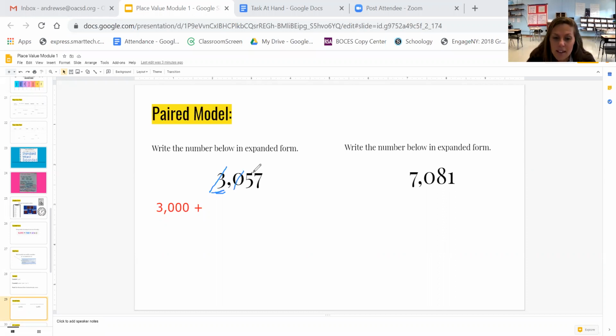My next place value is the tens place, and I have 5 tens. I'm going to cross that off so I know I'm adding it. 5 tens, 10, 20, 30, 40, 50 means 50. And last, in the ones place, I have 7 ones. Notice that I crossed it off as I went through so I wouldn't miss anything.